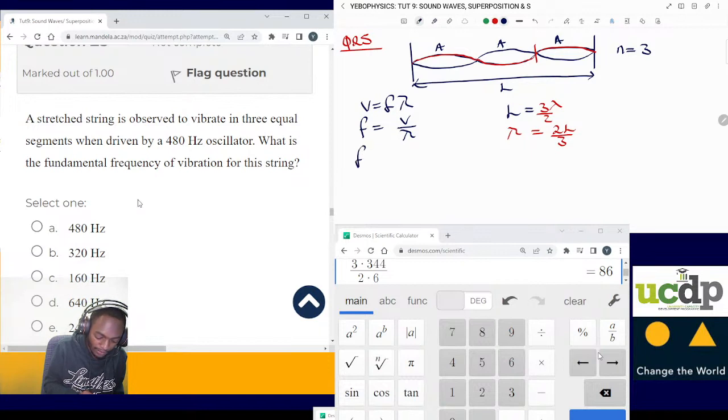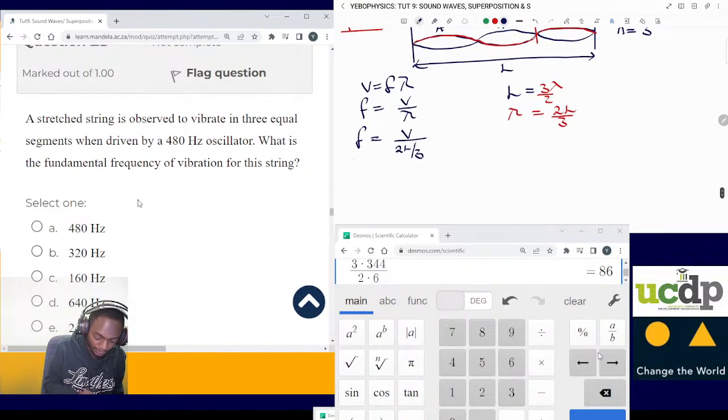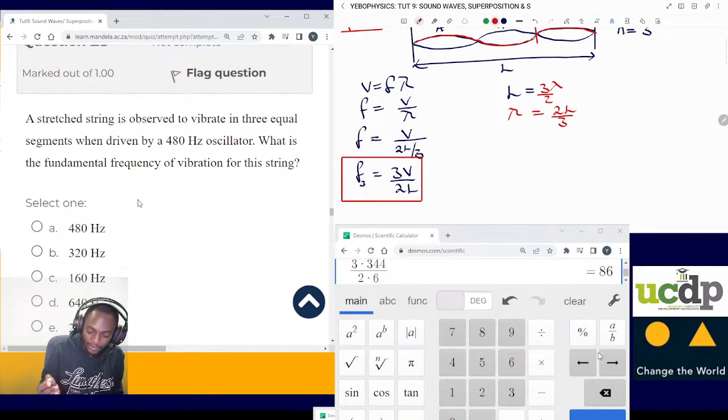So our f is going to be equal to v over 2L over 3, which means our frequency is equal to 3v over 2L. This is the frequency f3, that harmonic frequency.